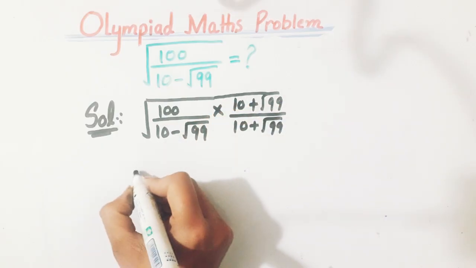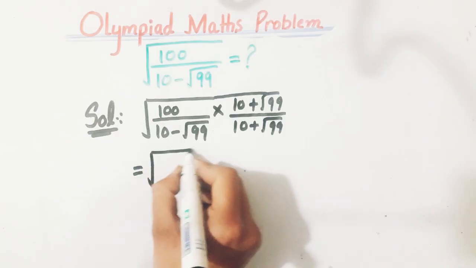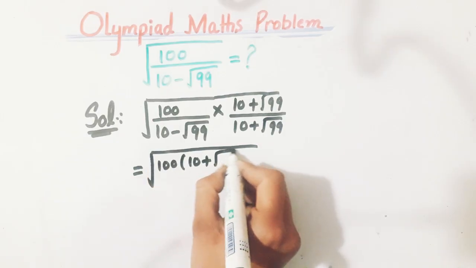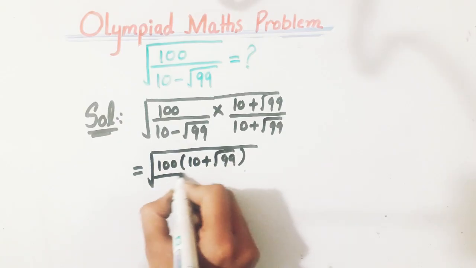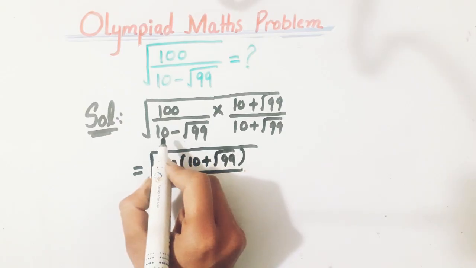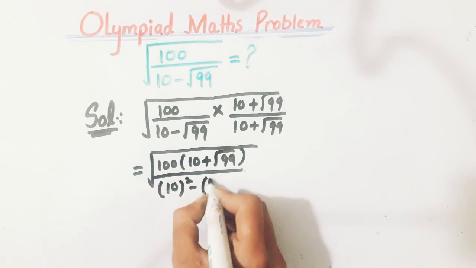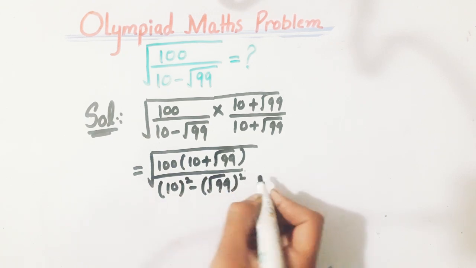So this will become equal to 100 into 10 plus root 99, and in the denominator we will apply the formula of a minus b into a plus b, meaning 10 square minus root 99 square.